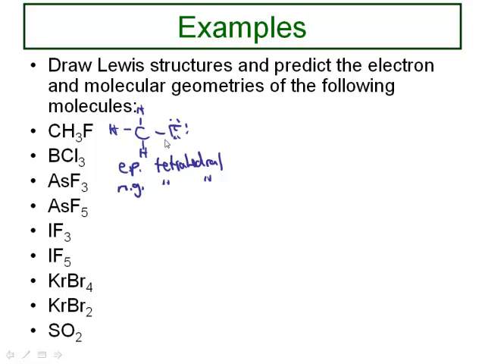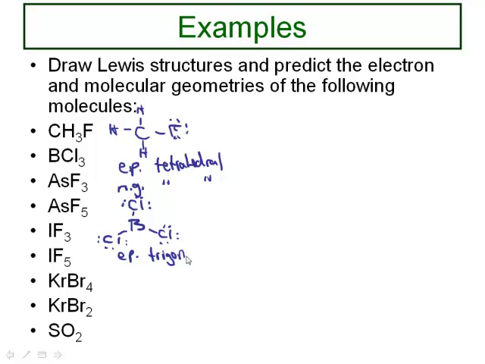Okay, boron trichloride. Let me call on somebody else. Miranda, what is that going to look like? Okay, 6 electrons around each chlorine. There we go. What is the electron pair geometry for this molecule?